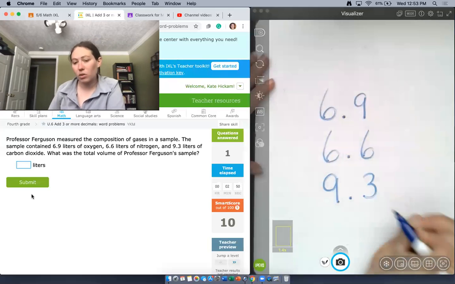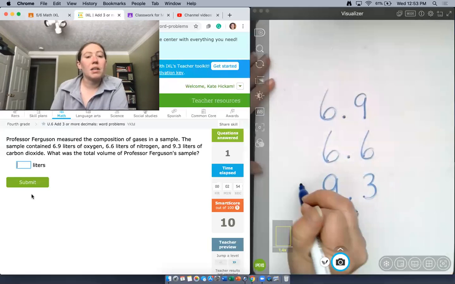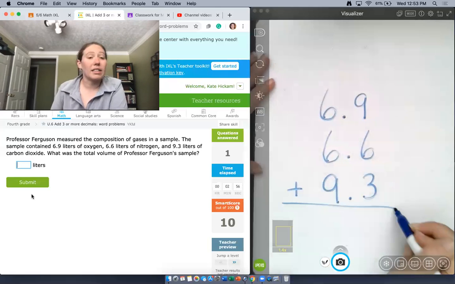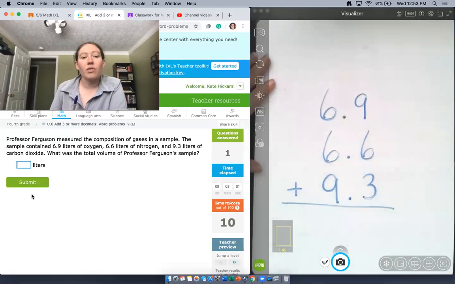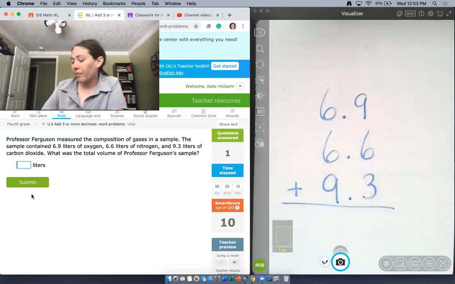Notice that my decimals are lined up. It asks me what the total volume is, so asking for the total, that means we don't have it already. And it's looking for, in that first thing, it says the composition of gases, not one individual gas, not just oxygen or nitrogen or carbon dioxide, but all of them together.